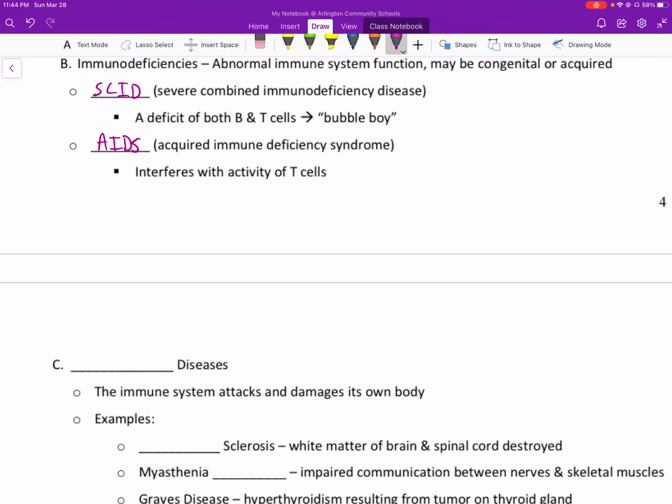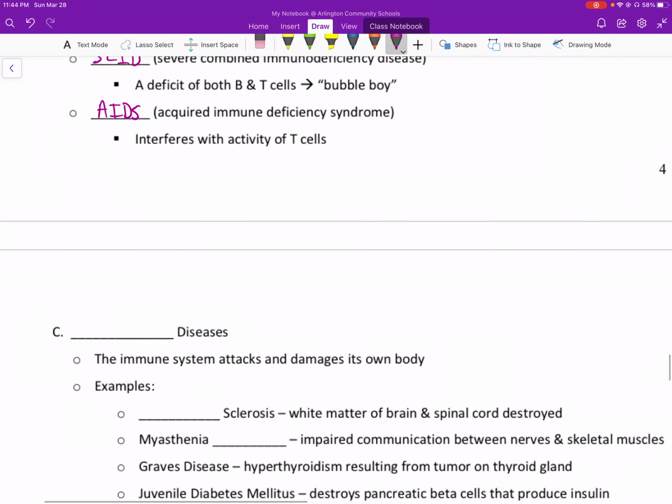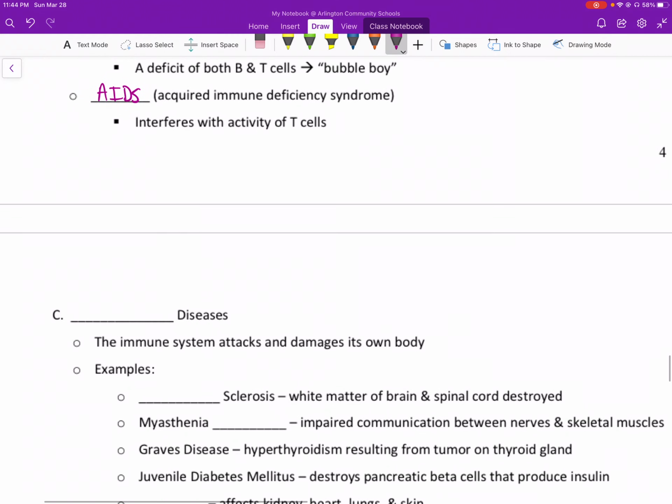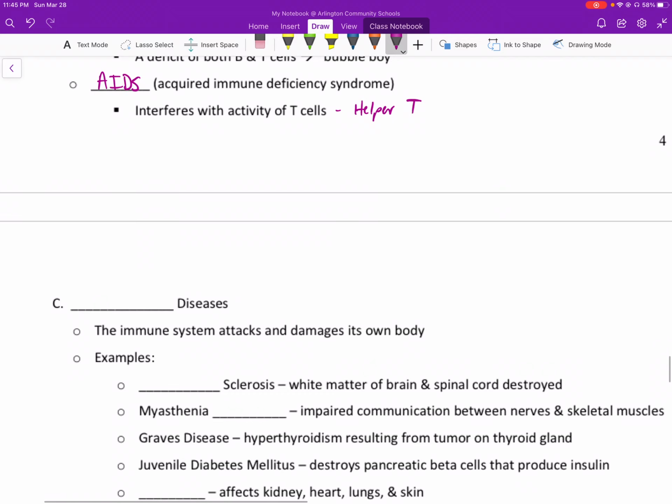The last one we have is AIDS. This is an acquired condition, due to acquired immune deficiency syndrome, and it interferes with the activity of T cells, specifically the helper T cells, which allow us to bind to microorganisms and say, hey, let's go, let's fight this off. Most people who have AIDS do not die from AIDS.